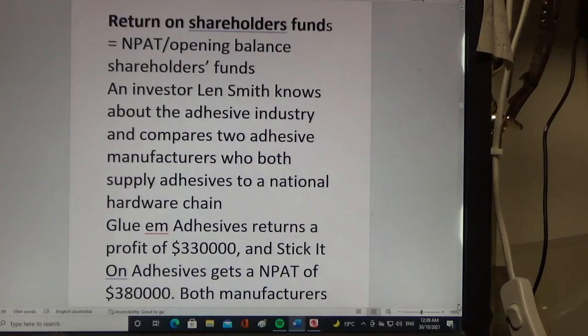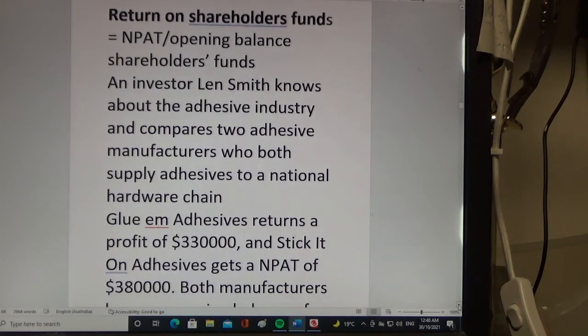Return on shareholders' funds equals net profit after tax over opening balance of shareholder funds, right? Shareholder funds being how much capital shareholders have invested. An investor, Len Smith, knows about the adhesive industry and compares two adhesive manufacturers who both supply adhesives to a national hardware chain.